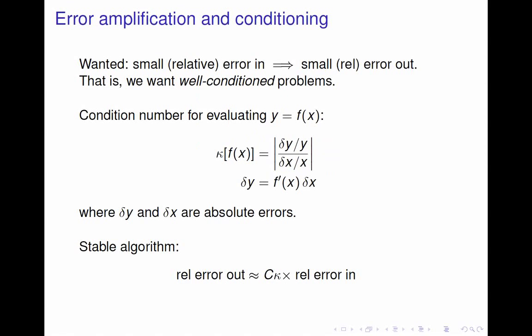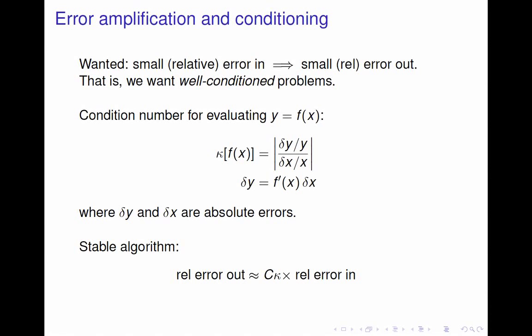Now, there are cases where the problem is bad, and we'd like to separate that out from the issue of the algorithm going bad. So a problem is said to be well conditioned if when I make small relative changes in the inputs, there are small relative changes in the outputs. And you can make that quantitative by talking about a condition number.